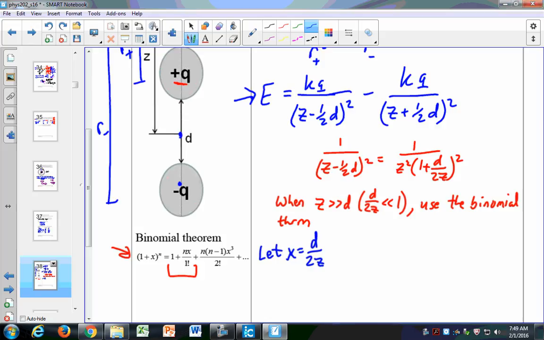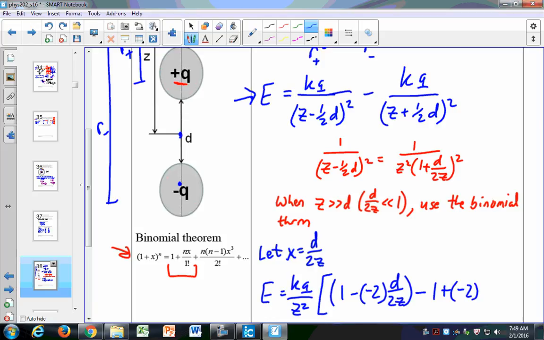It becomes E equals kq over z squared times 1 minus negative 2, d over 2z, minus 1 plus negative 2, d over 2z.